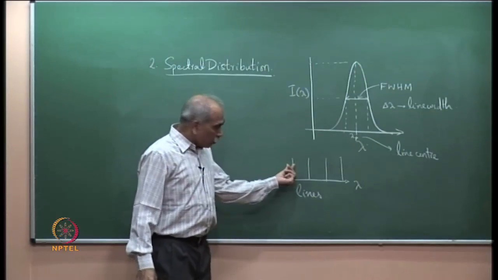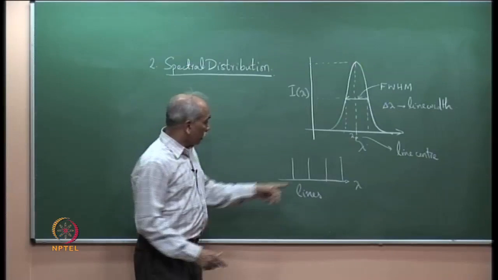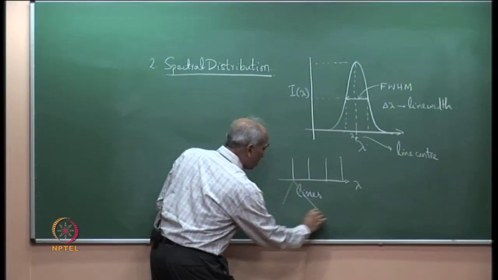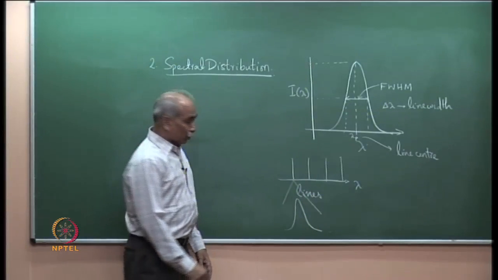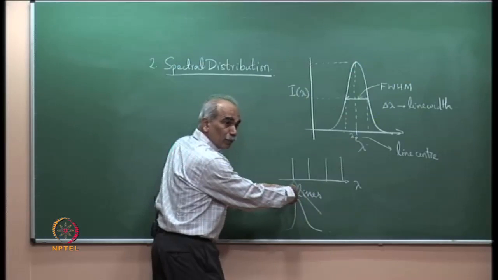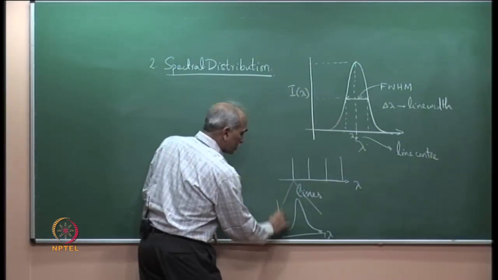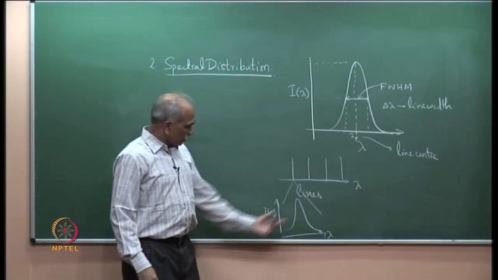If you now resolve one line under a high resolution spectrograph, it is like zooming, and you will see that the line is actually like this. The same thing in wavelength: you are zooming, and then if you measure the intensity as a function of lambda, you see this.